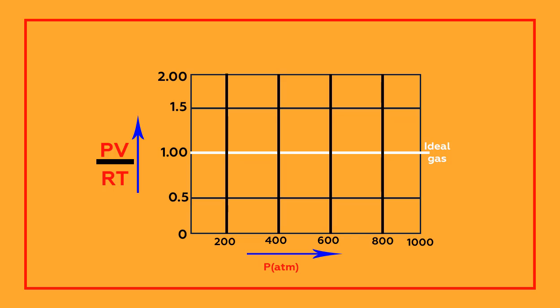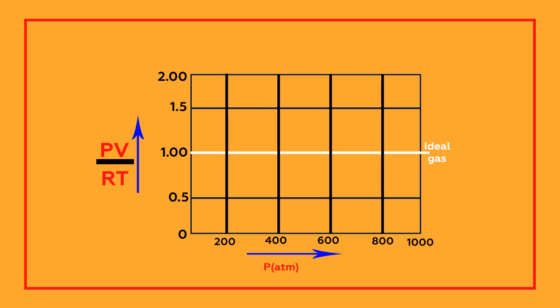So PV over nRT, n is 1 mole and R is a constant and temperature is also constant, so our main variable is PV. If we increase the P, in the same way volume will decrease, and if we decrease the pressure, volume will increase. So overall the value of PV over RT, meaning the compressibility factor, will remain constant, and that is equal to 1 for ideal gases.